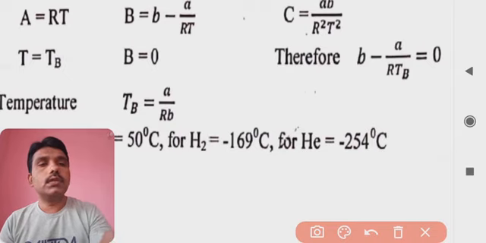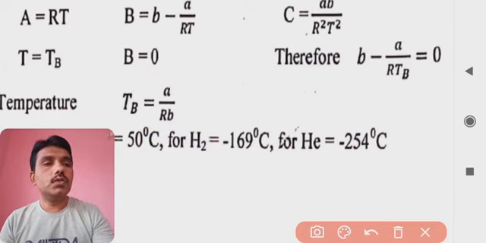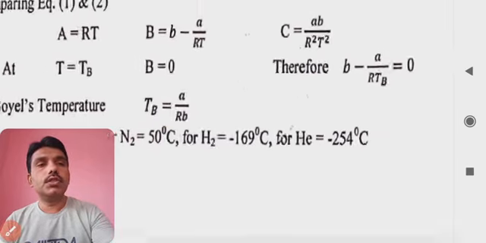So in this case I can write T_B is equal to a upon R small b is to be there. So this is what the Boyle temperature's relationship is to be there.